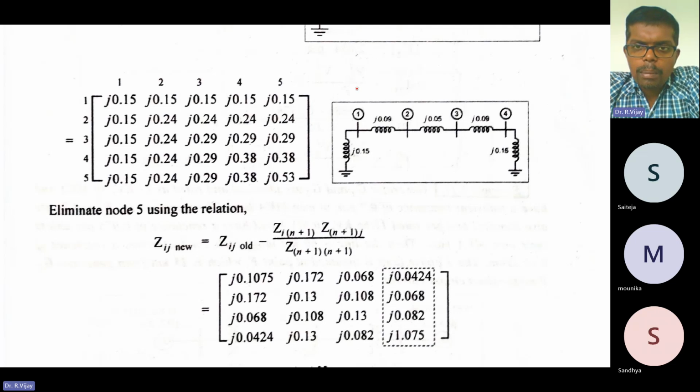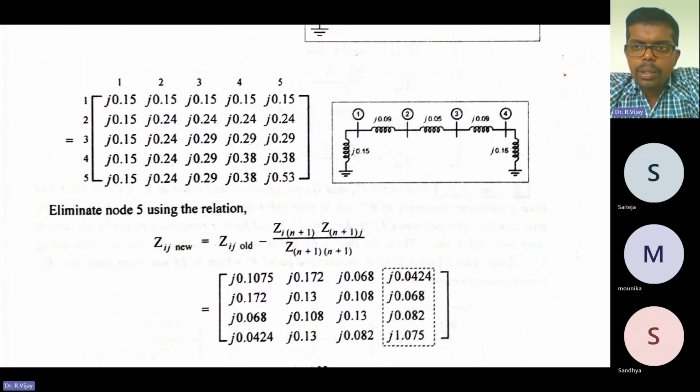The same thing you need to copy paste: column matrix j into 0.15, 0.24, j into 0.29, j into 0.38. That you need to copy paste into this row matrix.